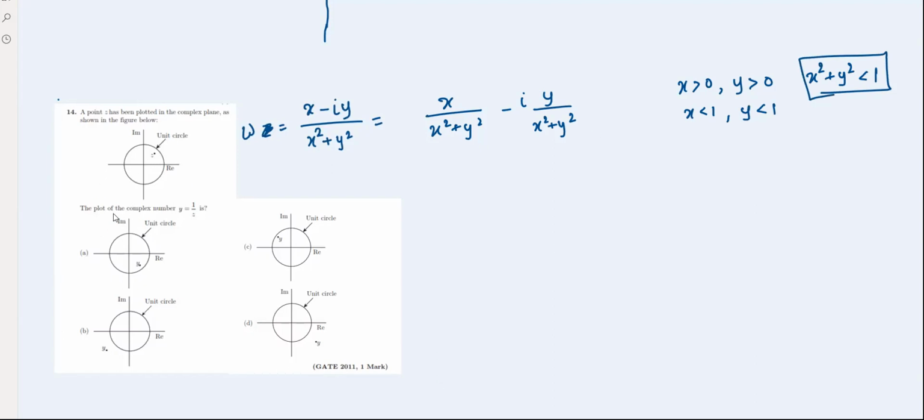That is given. Now, where will this point lie? Firstly, because both are positive, this term is positive and this term is positive. But this has a minus sign here. So remember that.